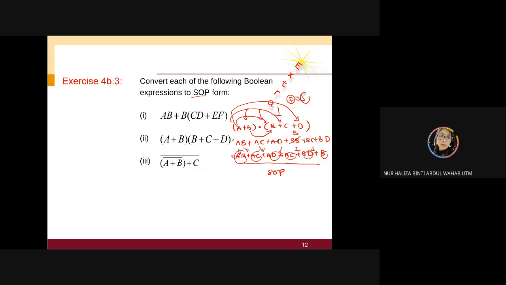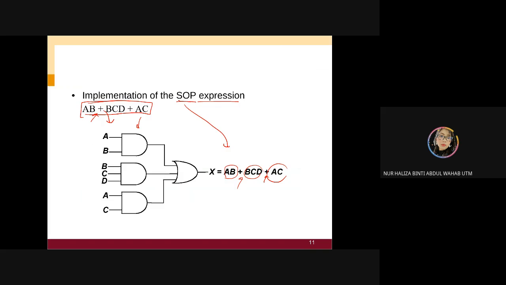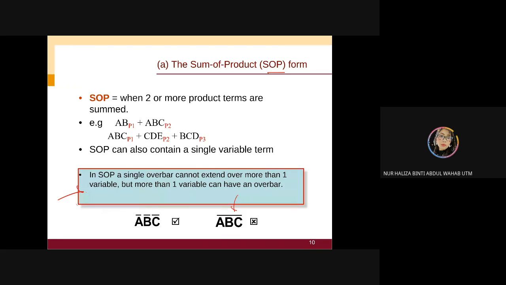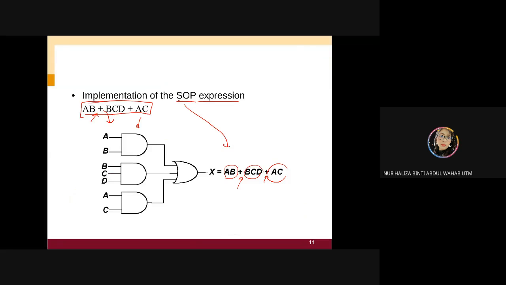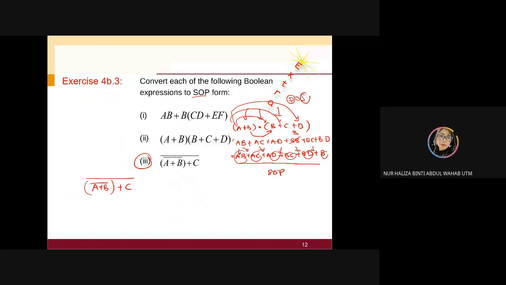Another one, you are given exercise number 3 here. You have A plus B bar, plus your C bar again. As mentioned, you cannot have a long or single overbar over all the variables. That's why you need to do a simplification over here. You're going to use your De Morgan theorem.